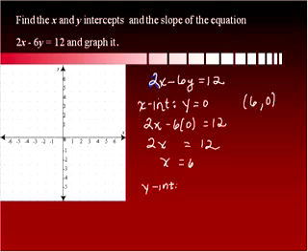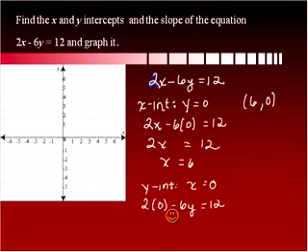To find the y-intercept, we make x equal to 0. So now we are replacing the x value with 0. So we will have 2 times 0 minus 6y equal to 12. And you want to watch your signs here, guys.